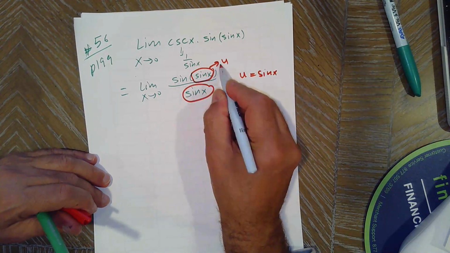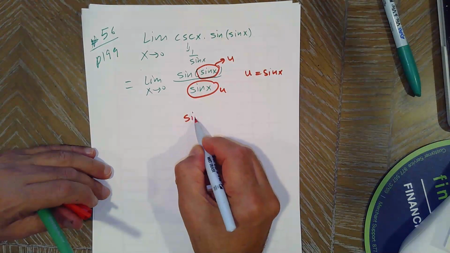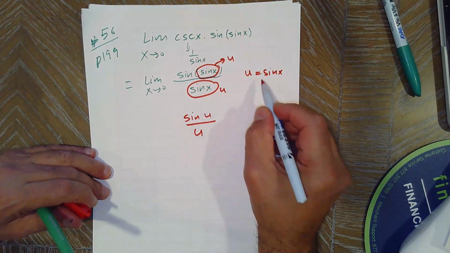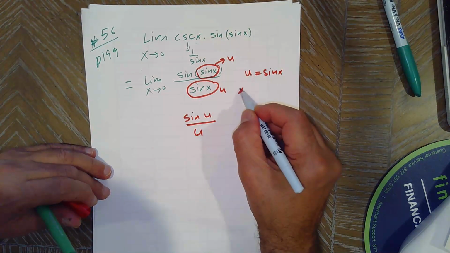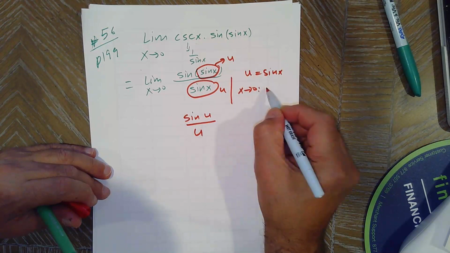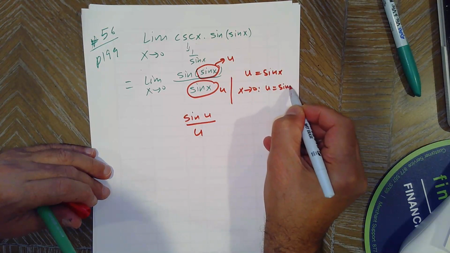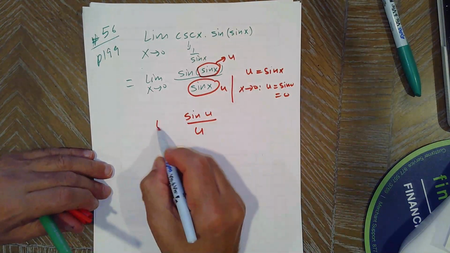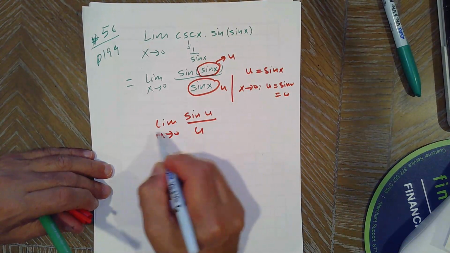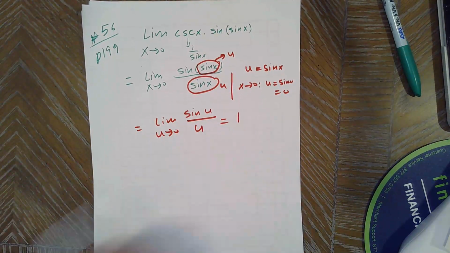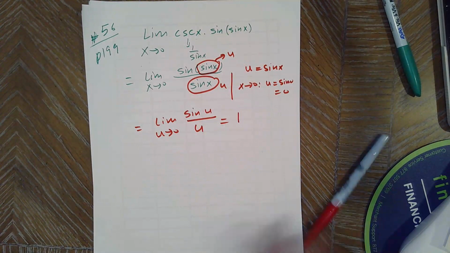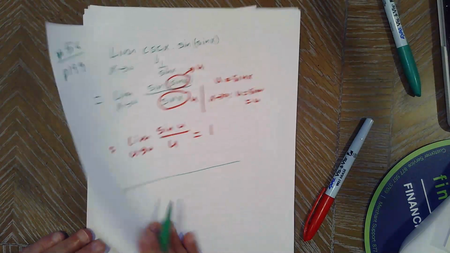Now if u equals sine x, and as x goes to 0, then u is also sine of 0, which is also 0, okay? So this is the limit as u goes to 0, which is 1. So sometimes you have to go out of the box to do this kind of stuff.